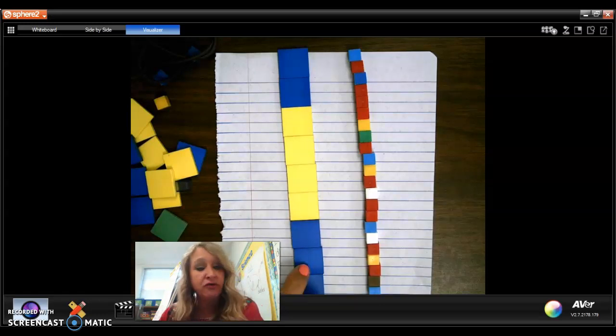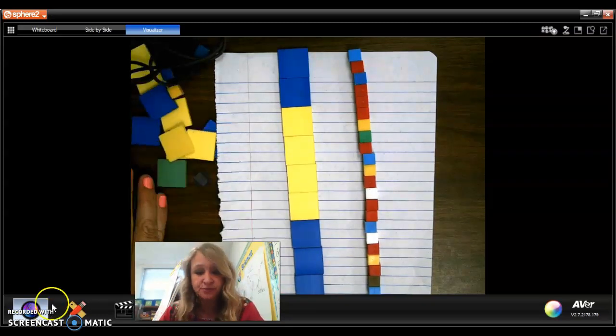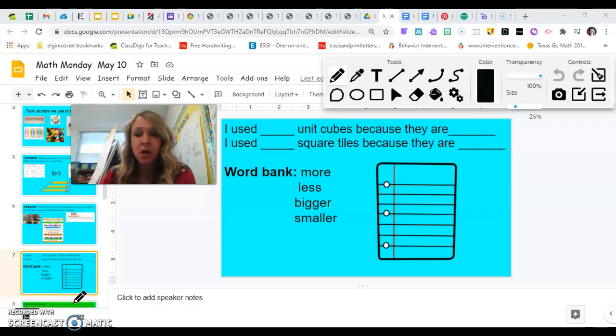All right, so let's go fill in my sentence stems. Okay, so here I am. I used blank unit cubes because they are blank. I used more or less. Did I use more or less of these? I used more. So I'm going to write the word more in the blank.